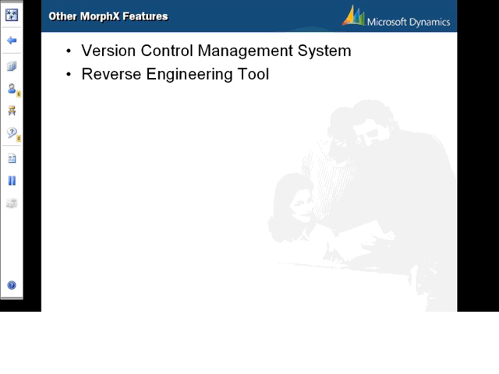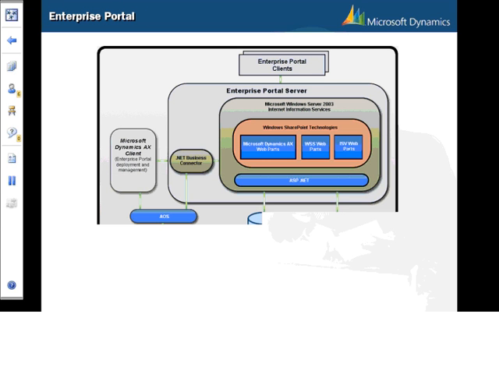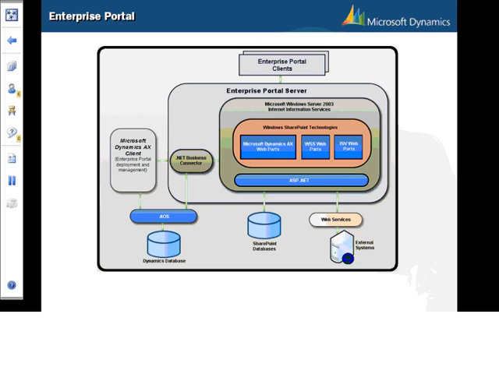Meanwhile, I will move to the next slide, and we will be talking about the Enterprise Portal. The Enterprise Portal provides web-enabled role-based access to data stored in Microsoft Dynamics AX.